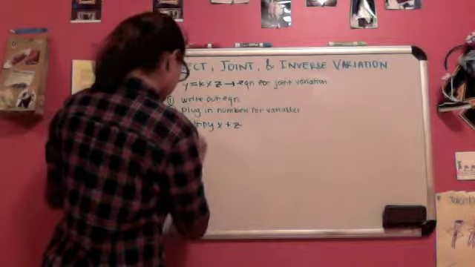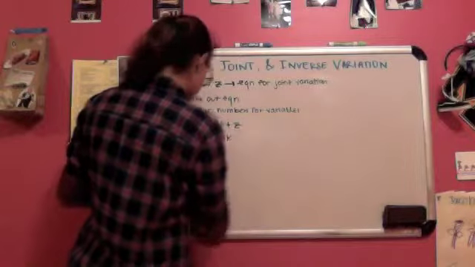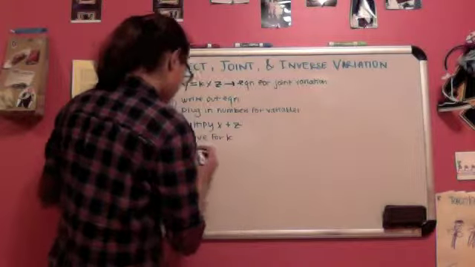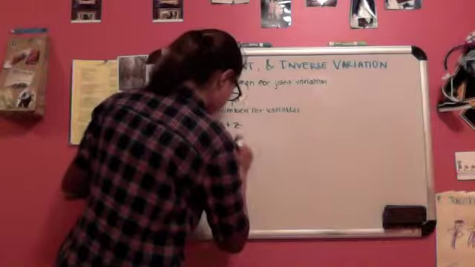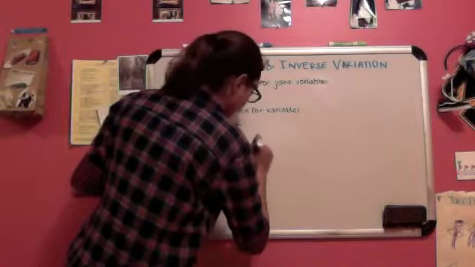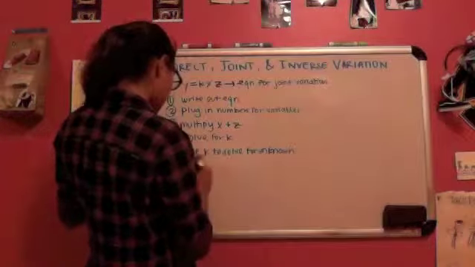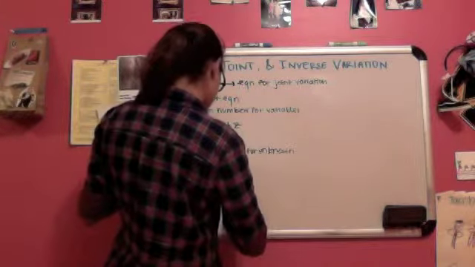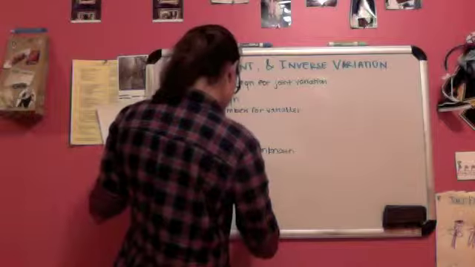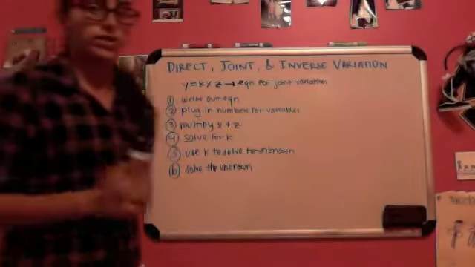Four is to solve for k. Five is to use k to solve for the unknown. And lastly, solve for the unknown. And those are your steps for joint variation.